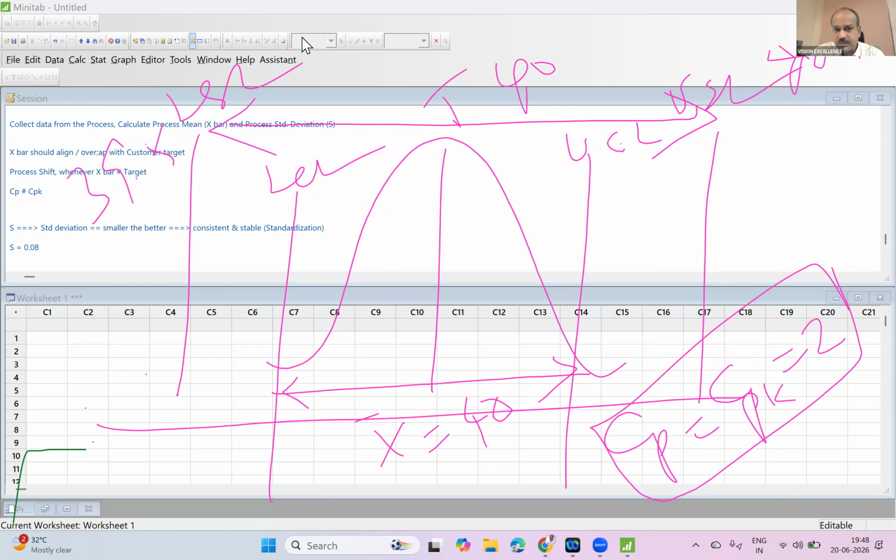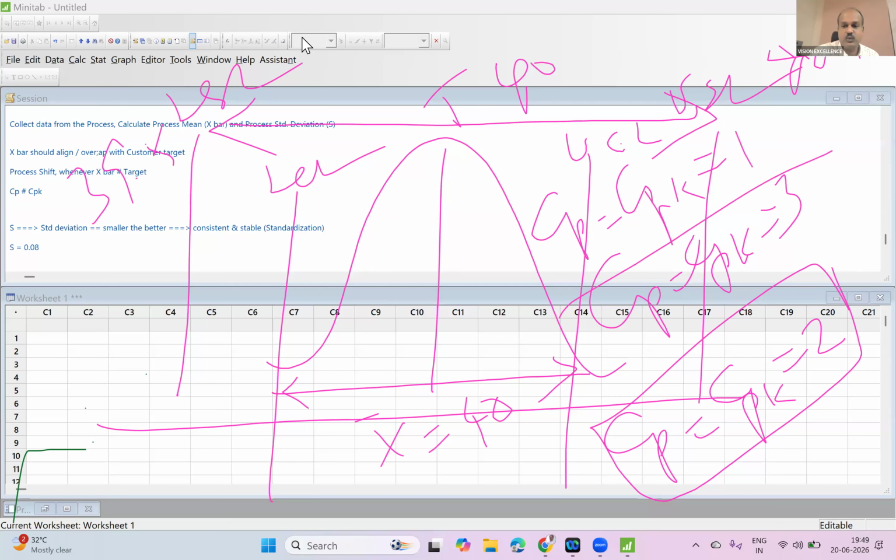When you consume 50% of the tolerance, that is, half of the tolerance, your CP/CPK becomes what? 2. If you consume 1/3 of the tolerance, your CP/CPK will be what? 3. So CP/CPK of 1, CP/CPK of 2, and CP/CPK of 3. Do you understand all the three scenarios?